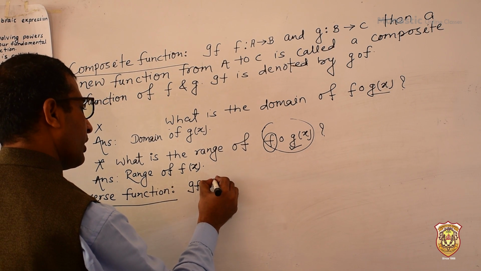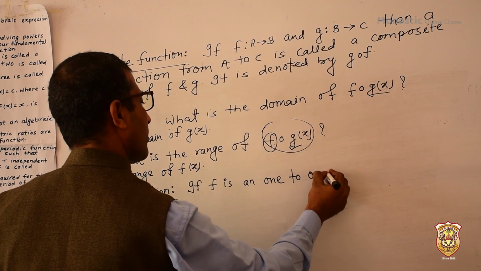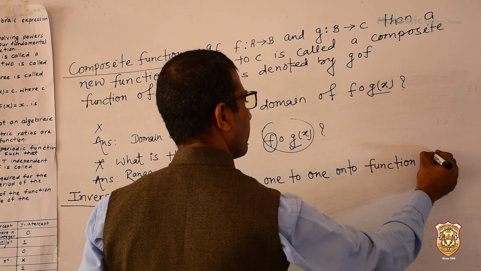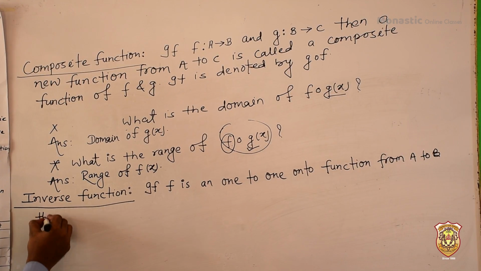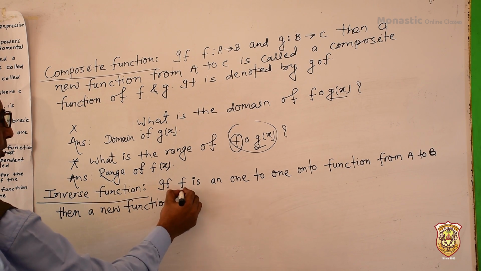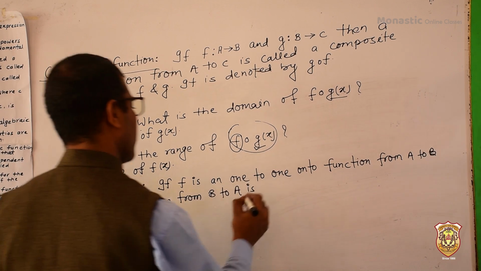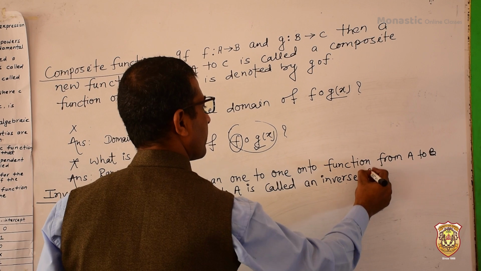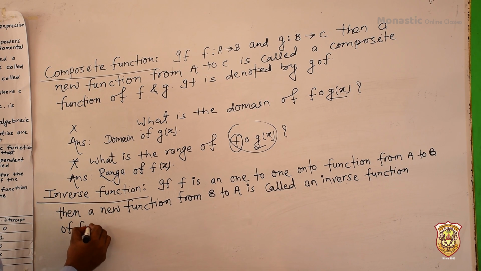If f is a 1 to 1 onto function from A to B, then a new function from B to A is called an inverse function of function f.